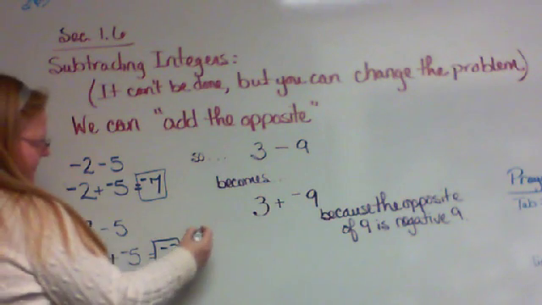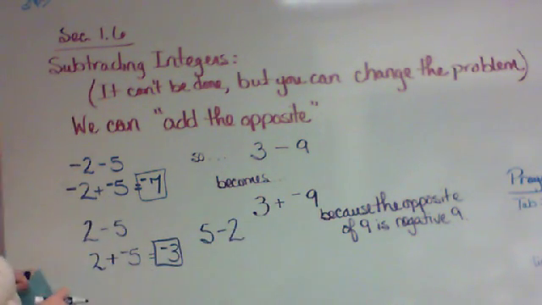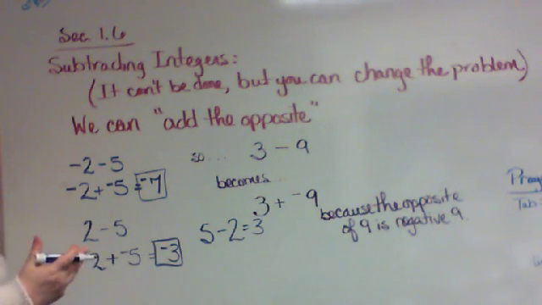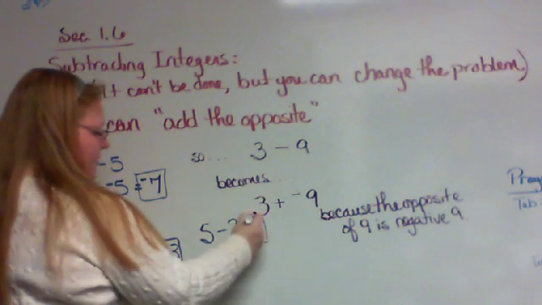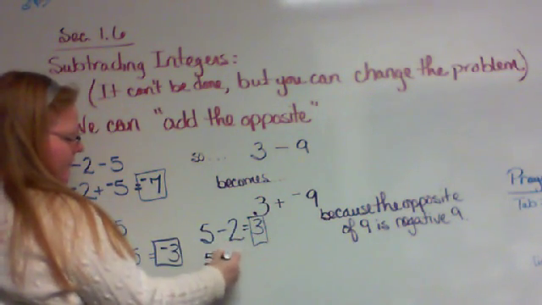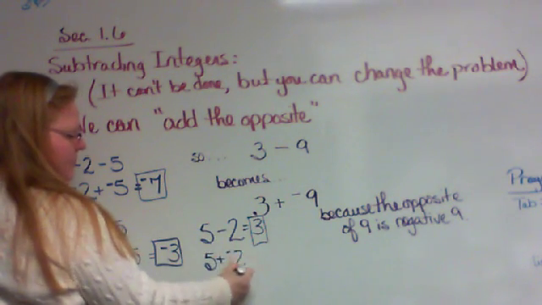What if I have 5 minus 2? You know, for years now, you've said that 5 minus 2 is 3. I'm just saying you have. It's been that way for years. But if we want to look at our rules, say we change it to 5 plus the opposite of 2, which is negative 2.